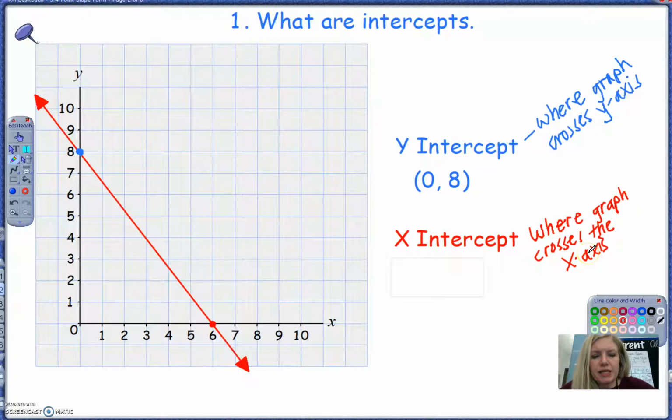So in this case, it's at this red dot here, which would be 6, 0. Be careful that you write it correctly, that you have a 0 in the y spot for your x-intercept and a 0 in the x spot for your y-intercept.